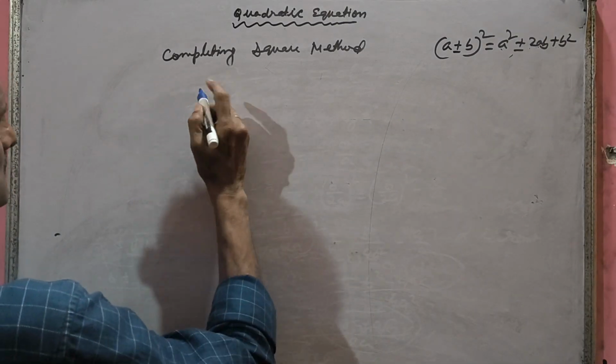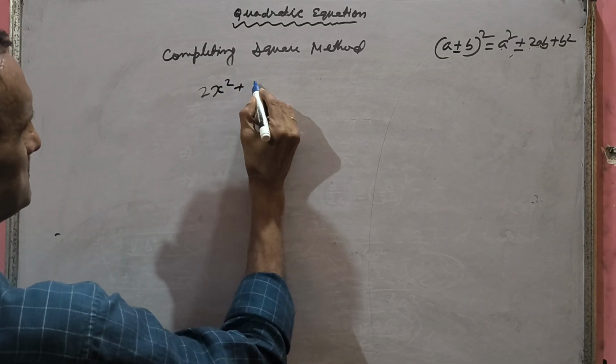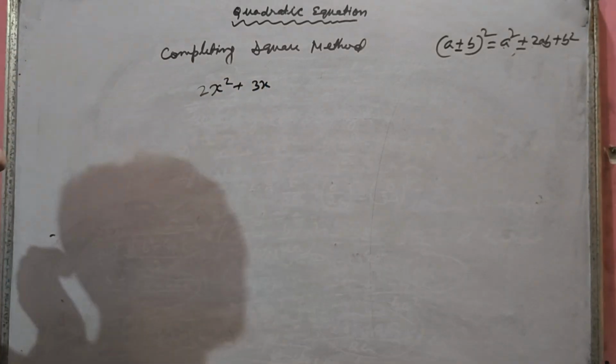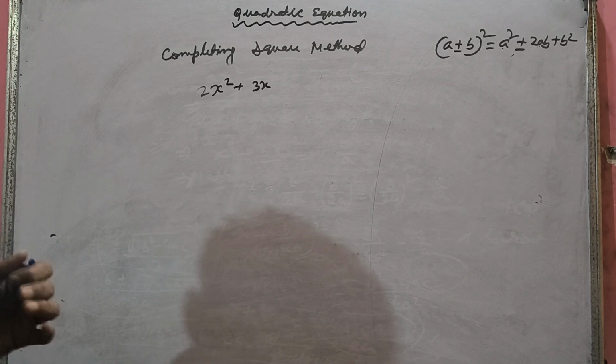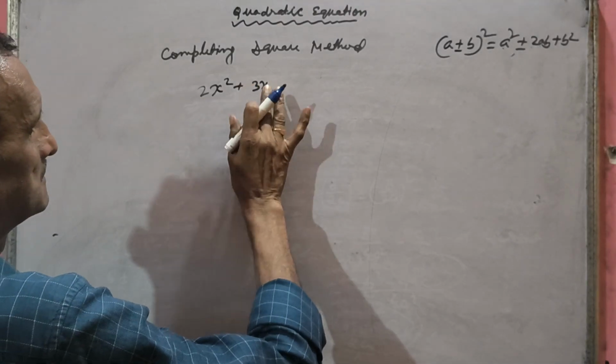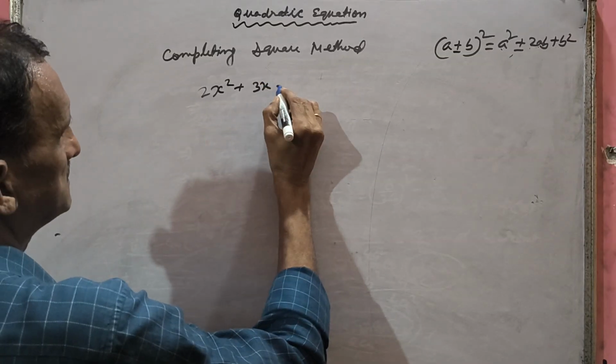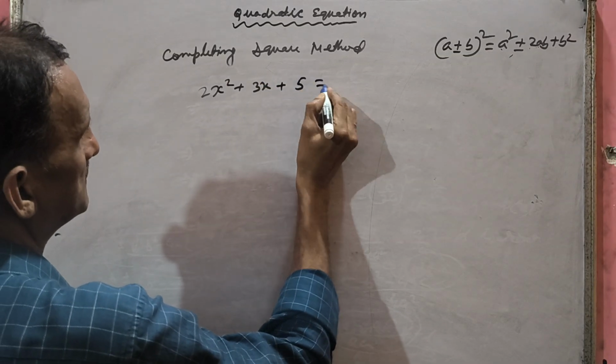Suppose twice x square plus 3x plus 5 we have taken.